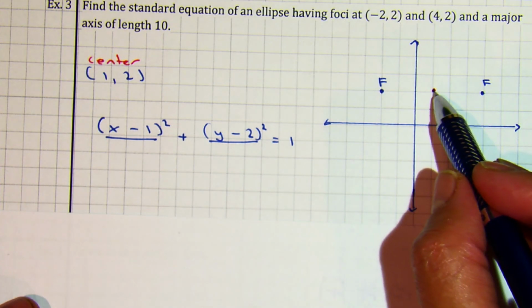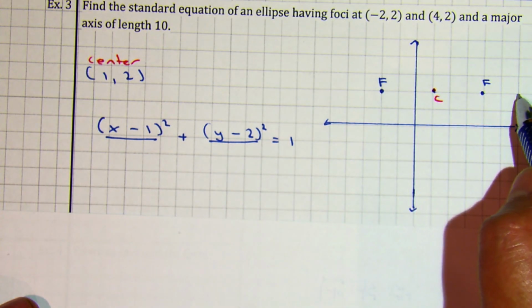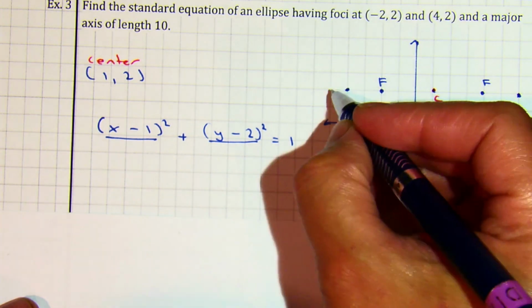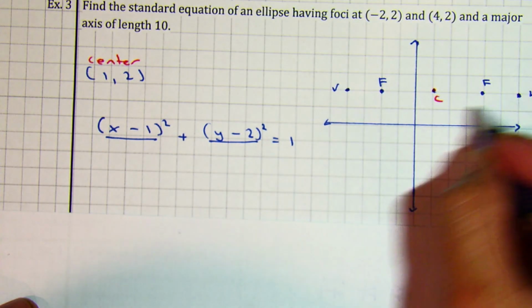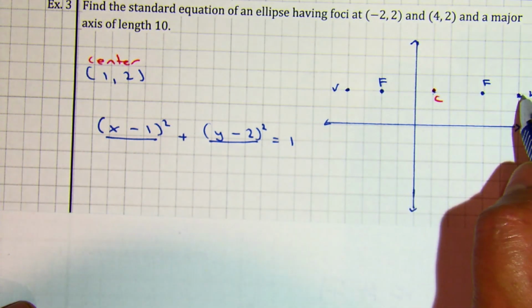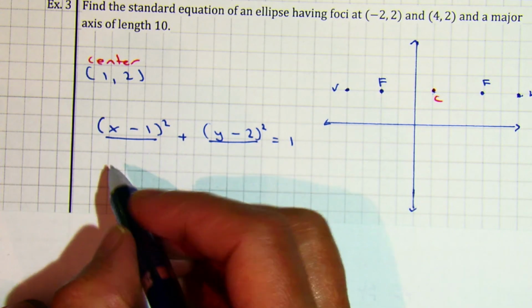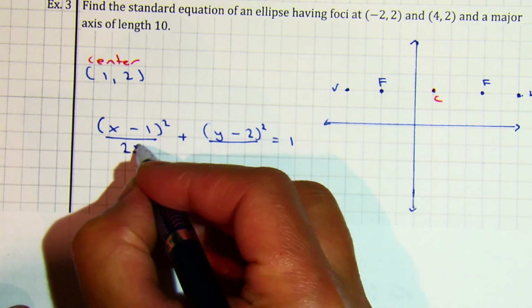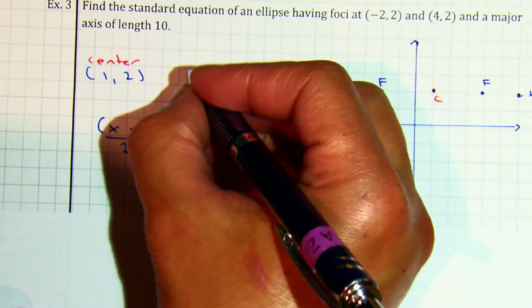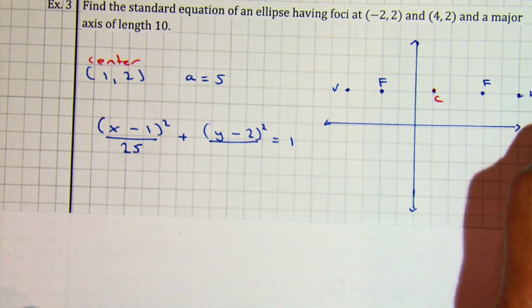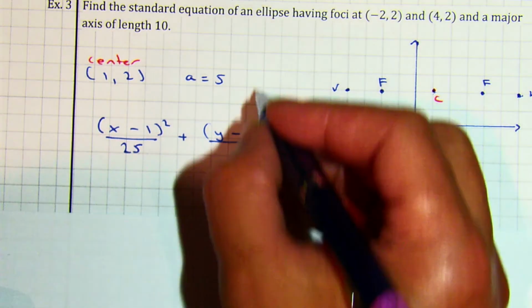So that means that from my center should be 5 to the right and 5 to the left. So therefore, those are my vertices. And because from my center I went sideways 5, that means under my x will be 5 squared, which is 25. That means that my a value is 5 because that is the longest side. So the only thing I need to find is my b value.